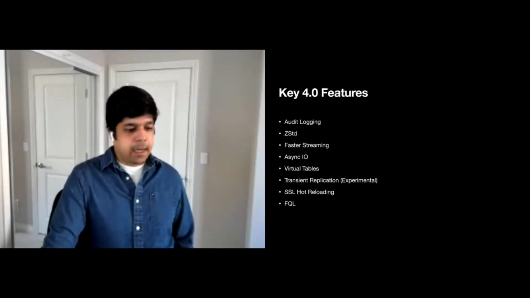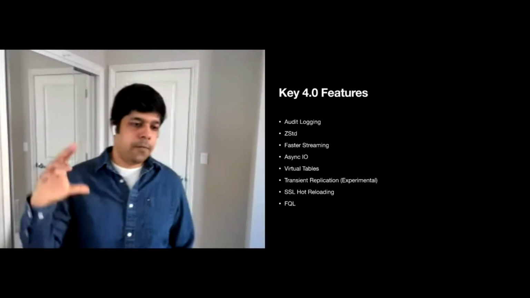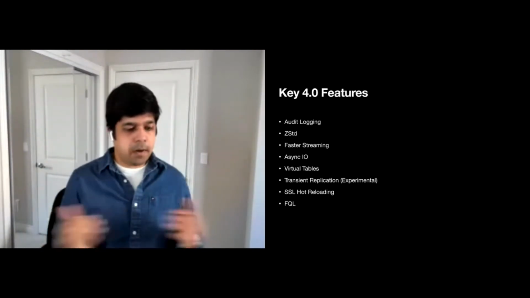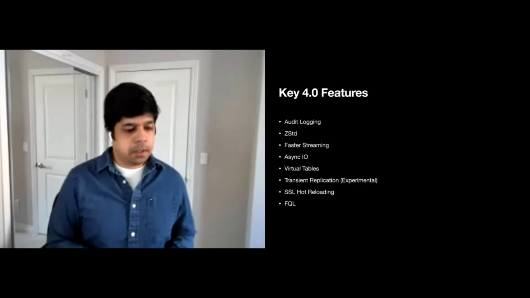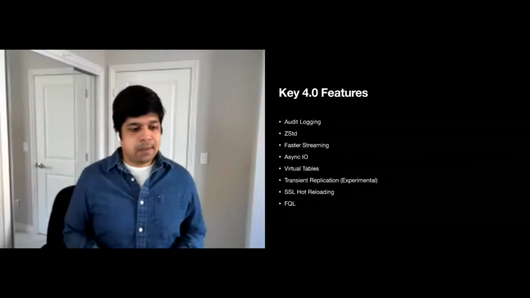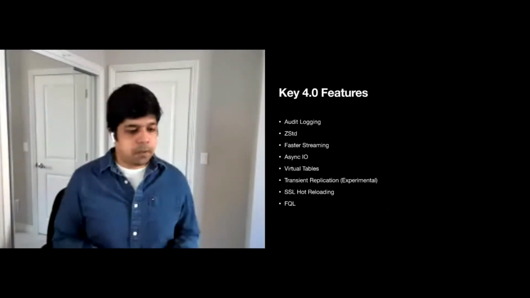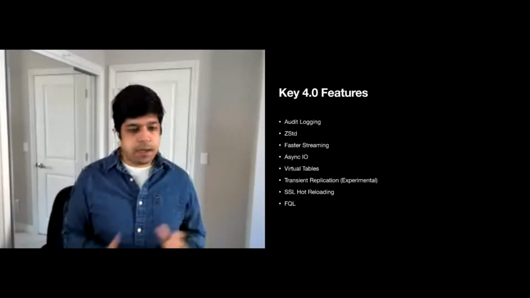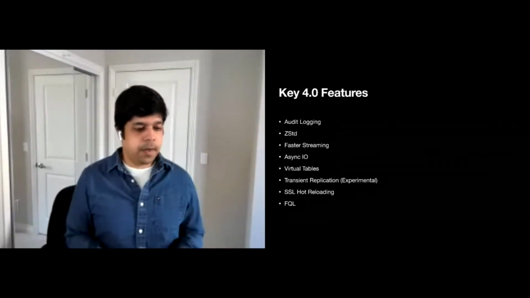And then finally, you have full query logging, FQL. Audit logging and full query logging are based on the same underlying infrastructure framework that Cassandra uses, which is Chronicle Queue. It allows you to record queries at very high throughput. So without really affecting the performance of your client application, you can record all your queries on a given Cassandra node.